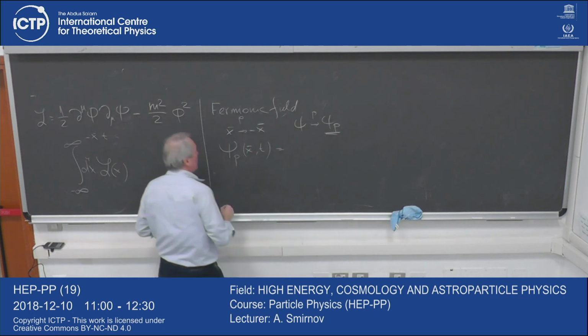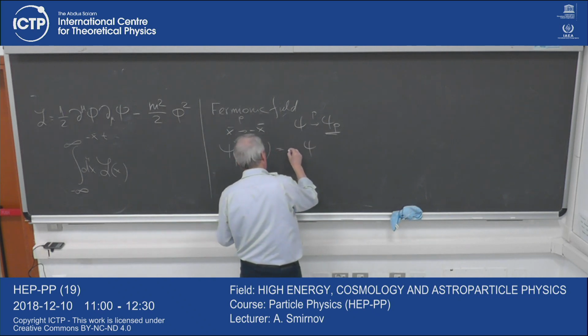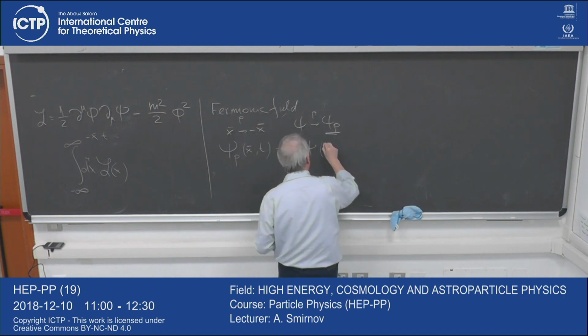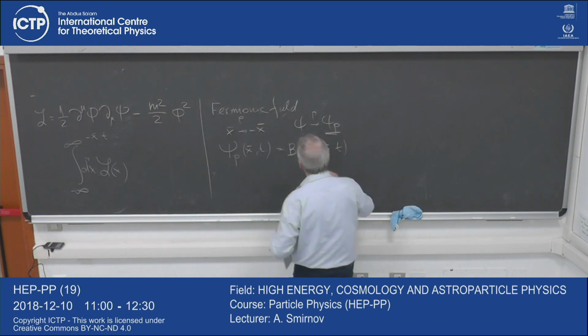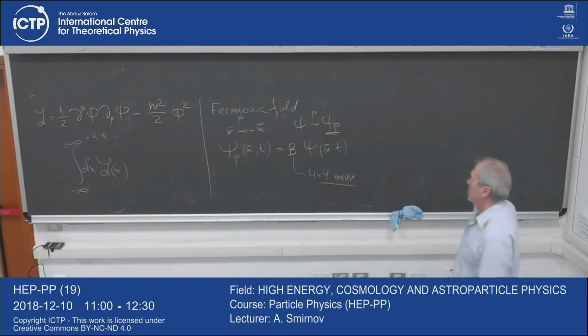And this ψ_P for the fermionic field is given in general by B ψ(−x, t). In general, I can put here a 4 by 4 matrix, since ψ is a 4 component object, so I can put here B.